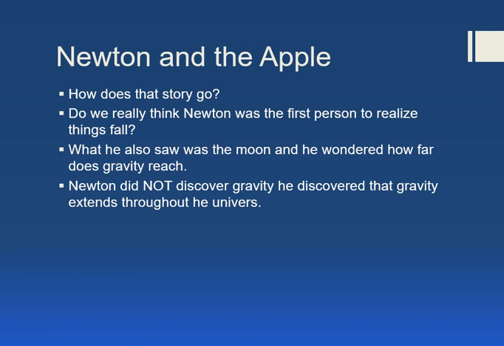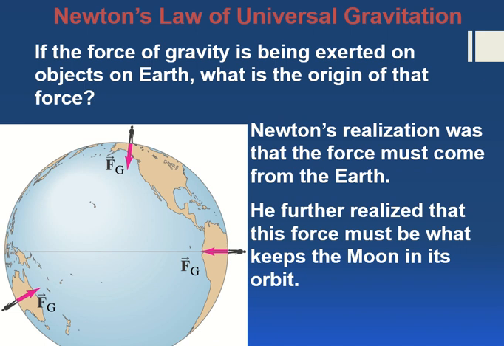Okay. So while Newton did not discover gravity, he did discover that gravity extends throughout the universe. So let's go ahead and take a look at Newton's law of universal gravitation, which says if the force, which again he was thinking, if the force of gravity is being exerted on objects on Earth, what is the origin of that force?